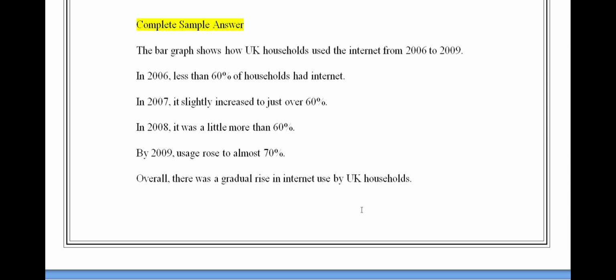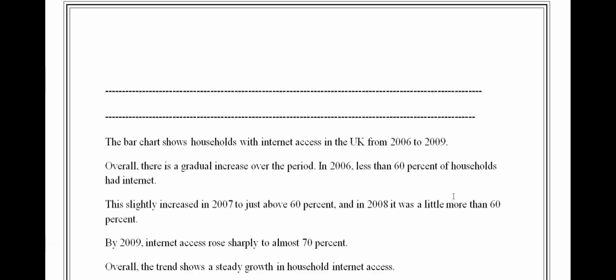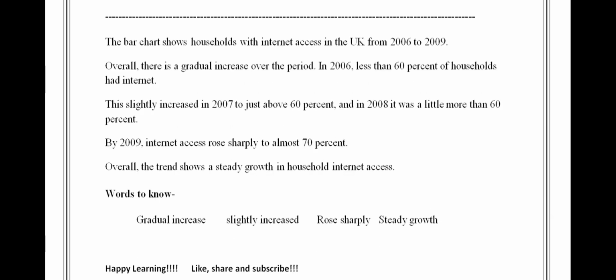Now we can see the complete answer here. Now it is your time. You are going for your examination. It is your time to read the sample answer, maybe once or maybe twice. Your wish. Now, if we go to the slightly improvised answer. The bar chart shows households with internet access in the UK from 2006 to 2009.